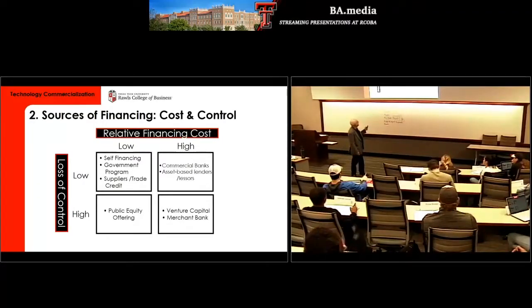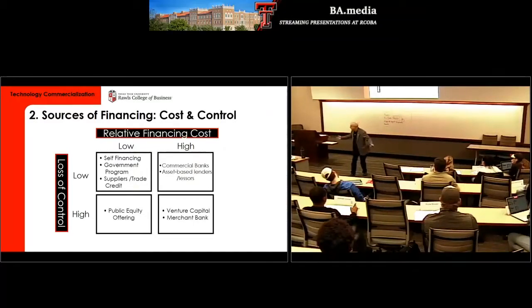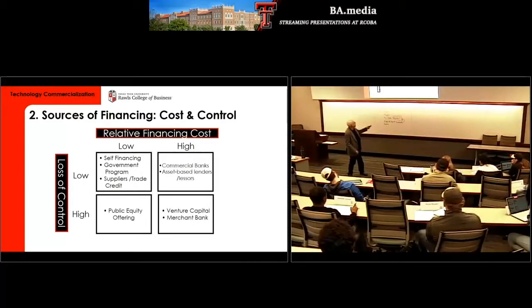Government program, debt or equity? Sorry, trick question. Neither. Okay. Suppliers or trade credit? Debt. Commercial banks? Debt. Asset-based lenders? Debt. Public equity offering? Equity.